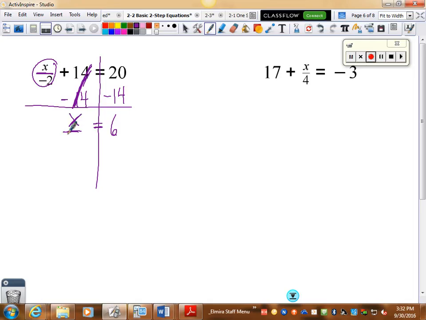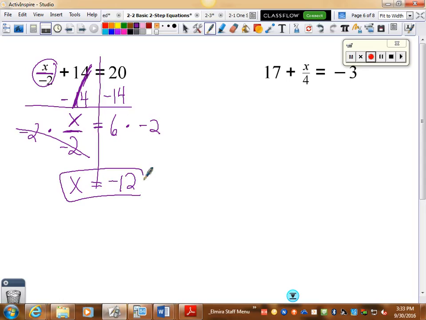X divided by negative 2. Did you hear me just say divided by, not fraction? Okay. So, dividing, the opposite would be multiply. So I'm going to multiply both sides by negative 2. That cancels this side and gets x by itself to carry down. And 6 times negative 2 would be negative 12. So that was not scary at all. It involves really no fraction. It just looks like a fraction.